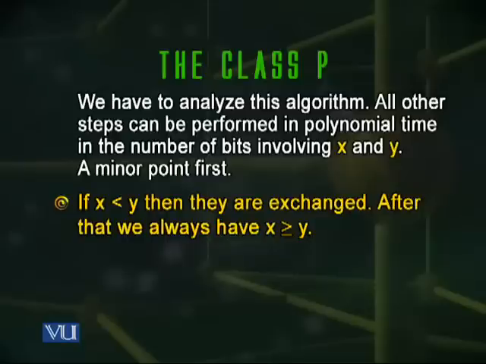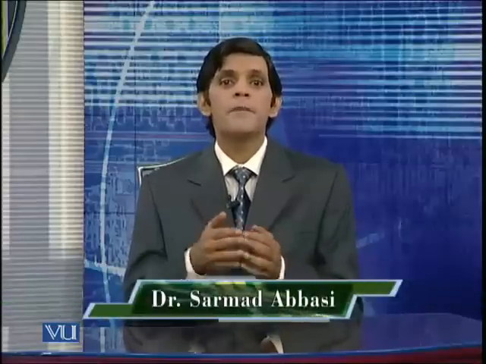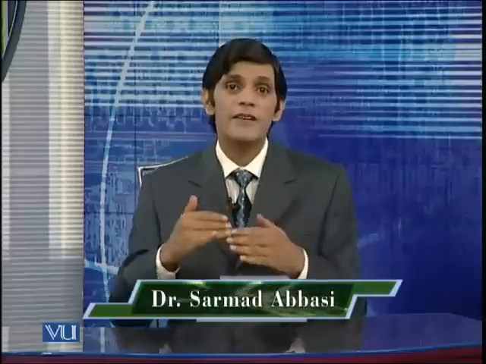Let's ask ourselves what would happen if we give the Euclidean algorithm two numbers such that x is less than y. If you carefully study the algorithm, you'll realize that these two numbers will be swapped in the first iteration. After that, x will always be larger than y. Once x is greater than y, it's always the case that x is greater than y in the next recursive step.